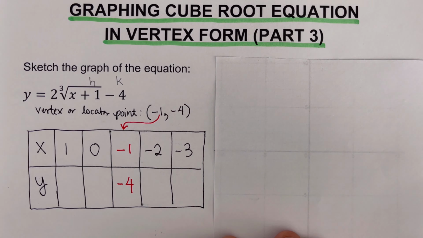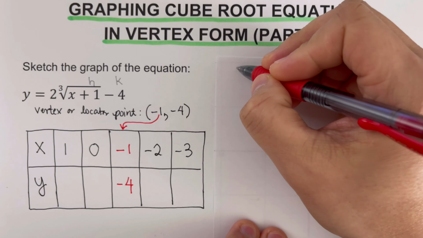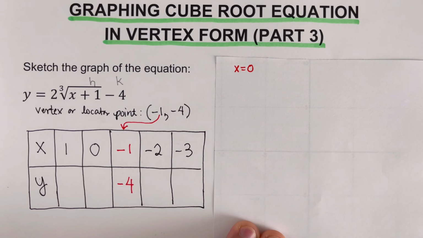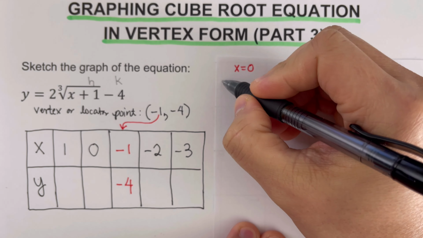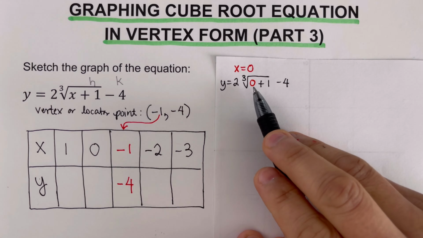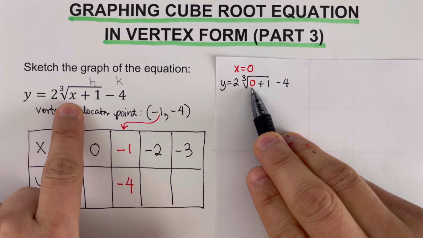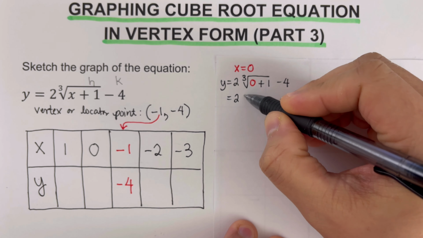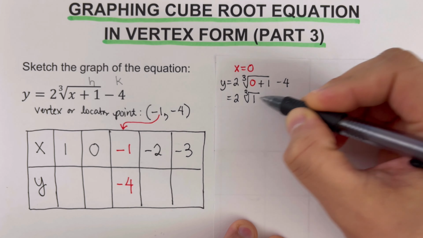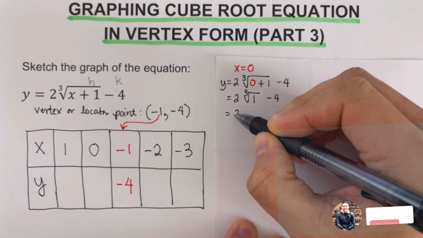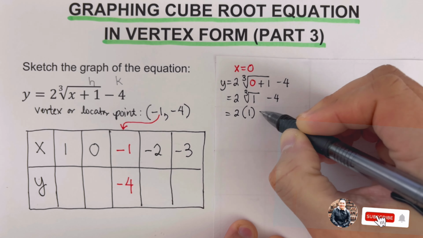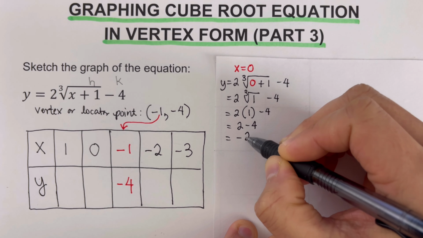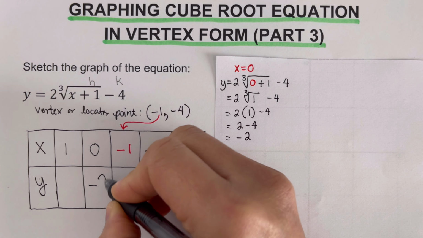For example, if x is equal to 0, we put 0 into the x, so that 2 cube root of 0 plus 1 is 1, minus 4. The cube root of 1 is 1, so 2 minus 4 comes out to -2. So the value that we have here is -2.